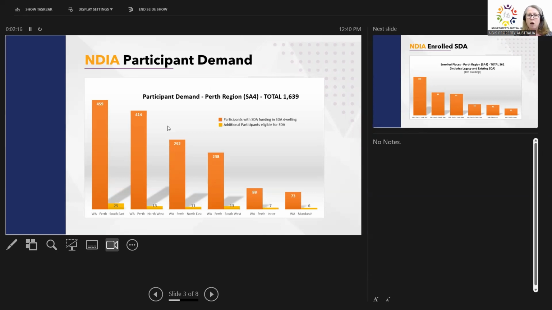So it's behind the other states in terms of development and also in terms of funding of SDA participants. So where are we currently in Perth? Well, we have a total of 1,639 participants who've got funding or are eligible for SDA in the Perth region. And the majority of them, as you can see, are in the southeast and the northwest. And there's quite a lot in the northeast and southwest as well.